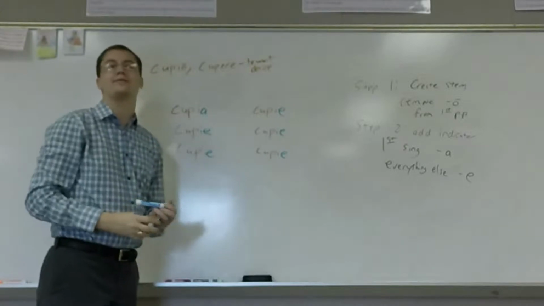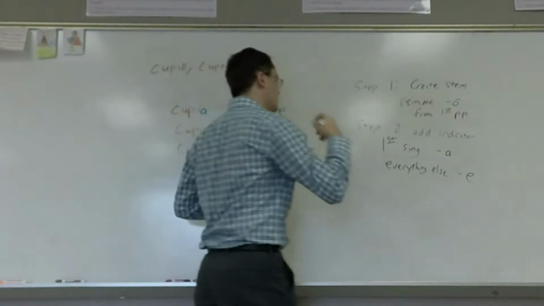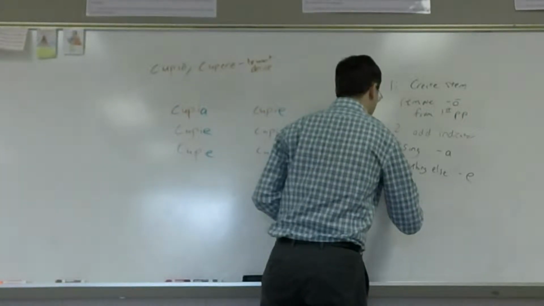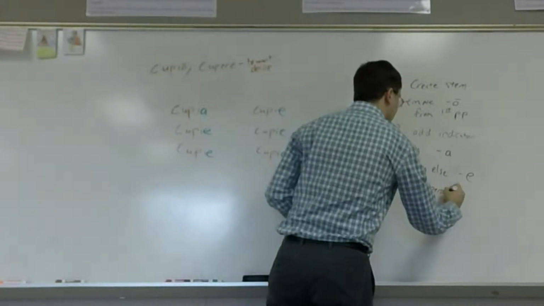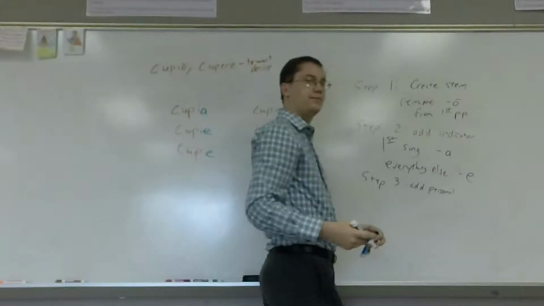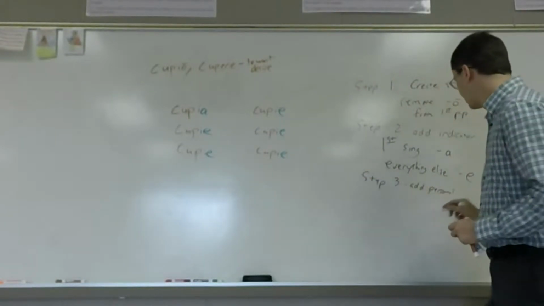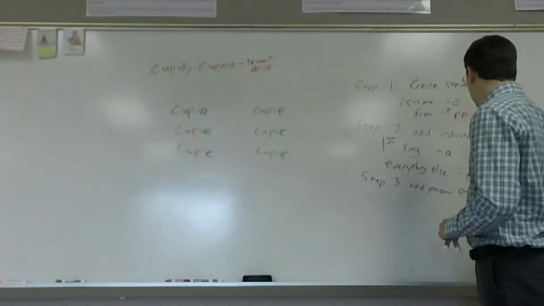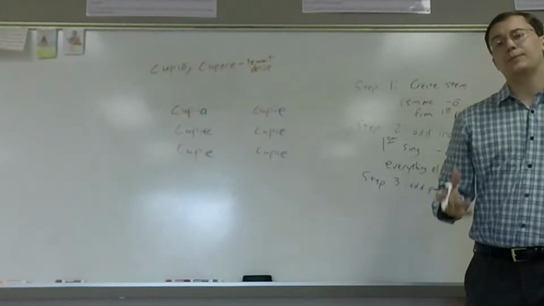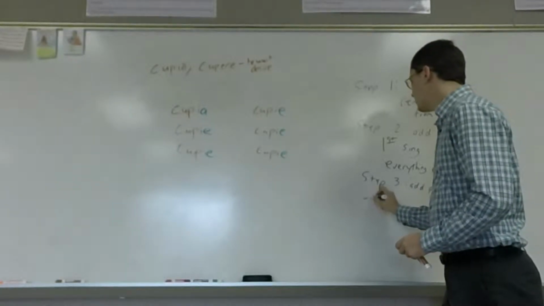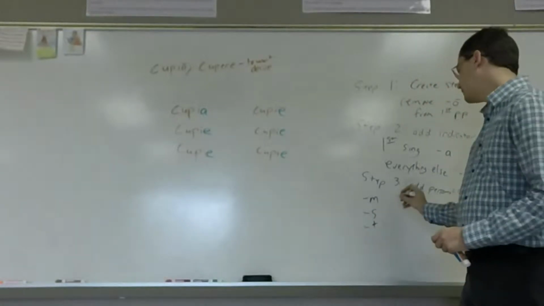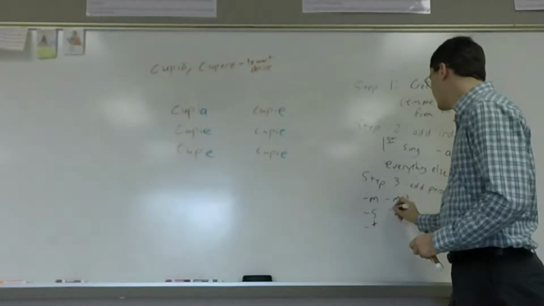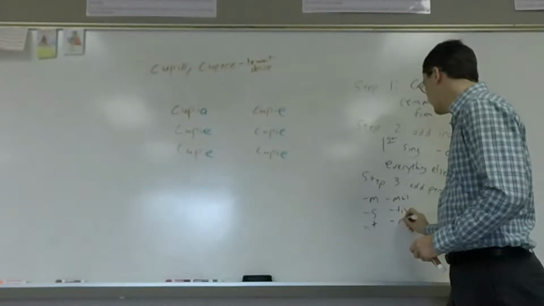Finally, the third and last step for us is going to be to add the personal endings. Now, these personal endings are going to look familiar. They're going to be the exact same personal endings that we have used with the imperfect tense. So that means the letters M, S, T in the singular, and in the plural, M-U-S, T-I-S, and N-T.